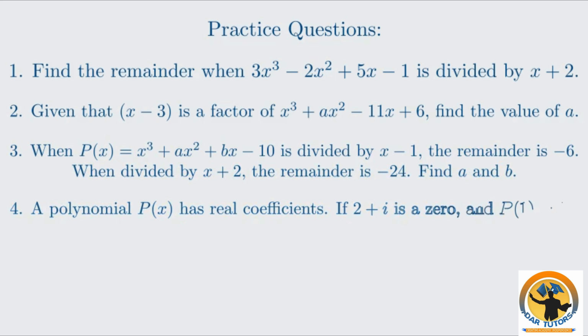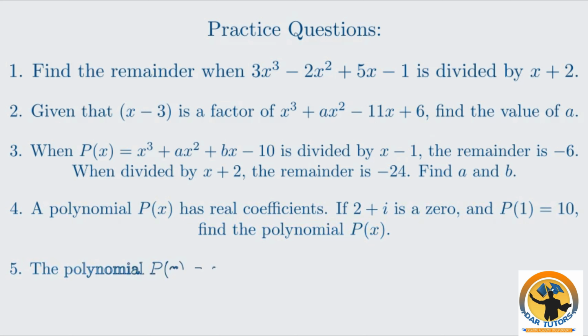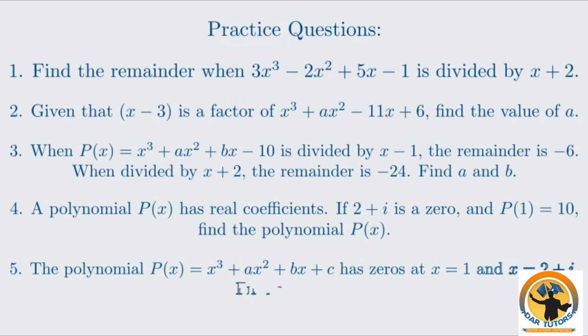If 2 plus i is a zero, and p of 1 equals 10, find the polynomial p of x. Question 5. The polynomial p of x equals x cubed plus ax squared plus bx plus c, has zeros at x equals 1 and x equals 2 plus i. Find a, b, and c.